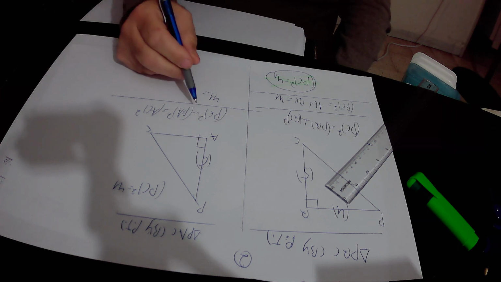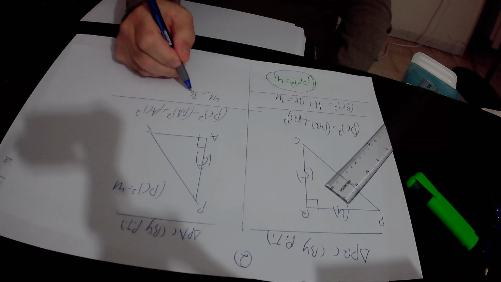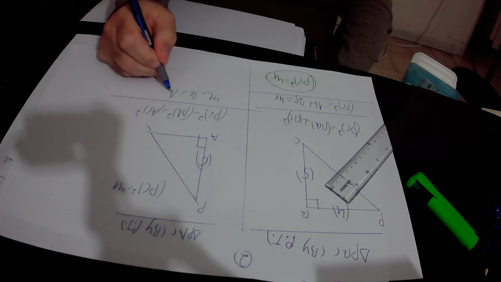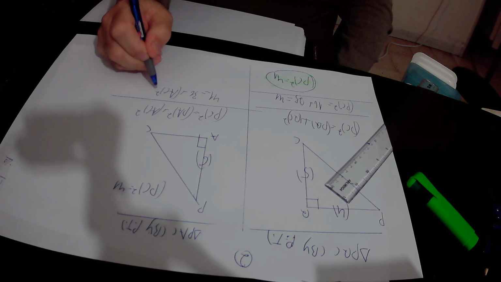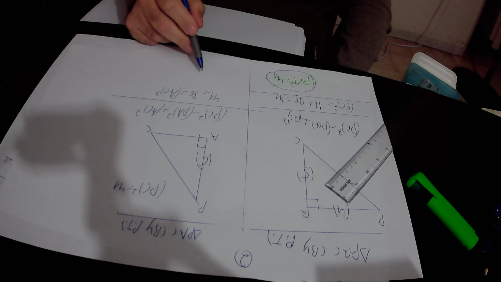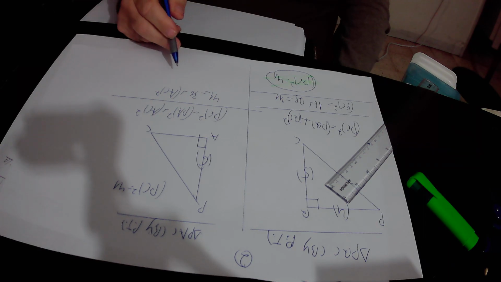PA is 6, therefore PA squared is 6 squared, that is 36, plus AC squared. In conclusion, according to the Pythagoras theorem, 41 equals 36 plus AC squared.